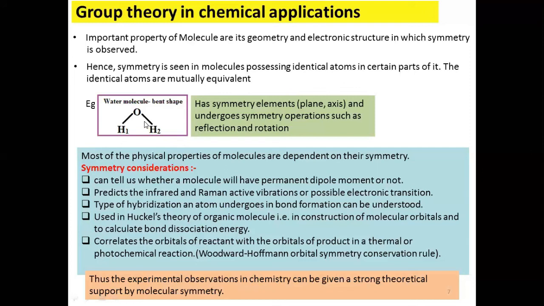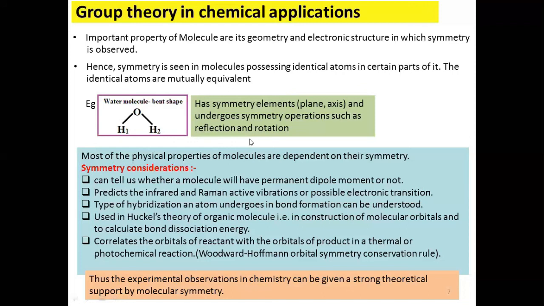And this water molecule, which has a geometry called bent shape, has symmetry elements such as a plane and an axis, and with those symmetry elements, it can undergo symmetry operations such as reflection and rotation. So likewise, all molecules which have perfect geometrical shapes may have symmetry, and that symmetry can be derived based on the symmetry elements and symmetry operations.